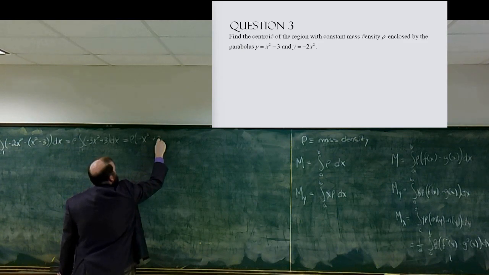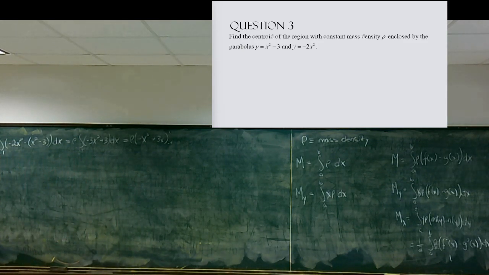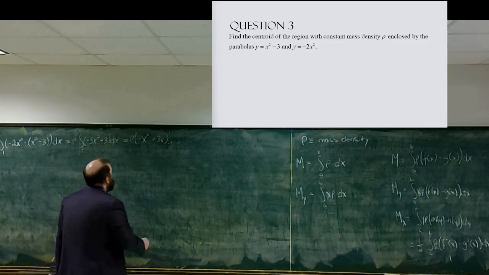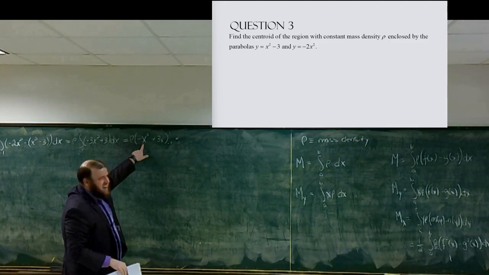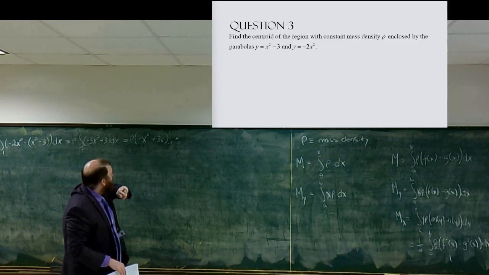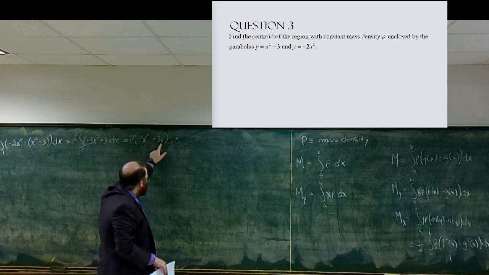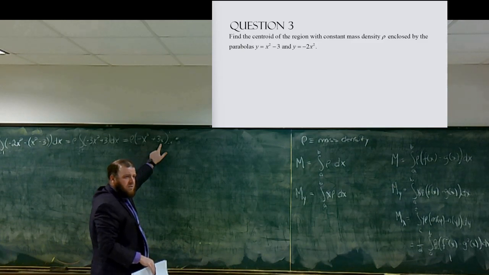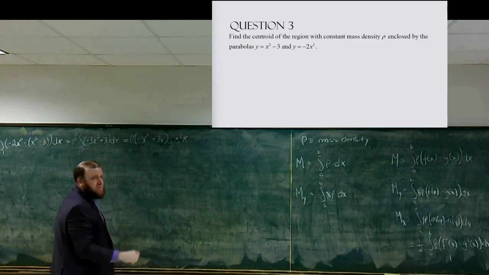Antiderivative, negative x cubed plus 3x. That'll be negative 2. That would be 6. So 4 rho.